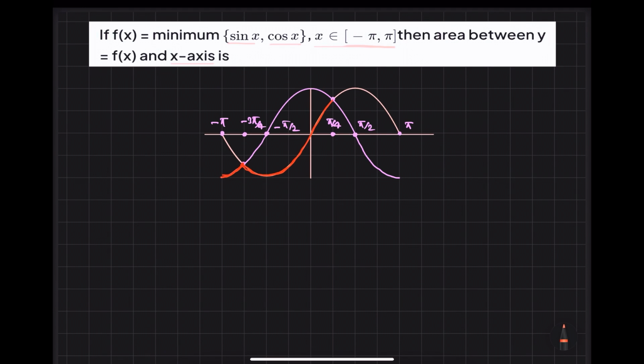Okay. Now from pi by 4 to pi by 2, this cos part is minimum. And then from pi by 2 to pi, again the cos part is minimum. So you have to focus on this red part.